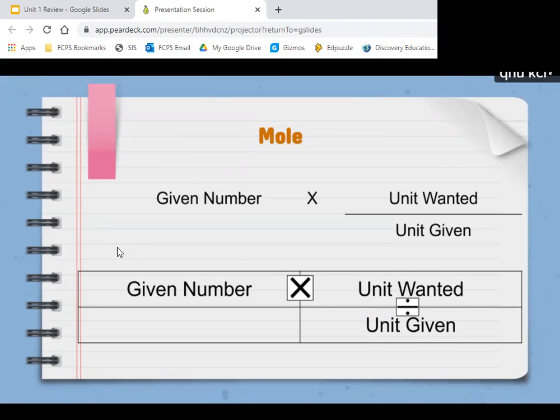The unit given, on the other hand, is the unit you want to get rid of. So if the question says, change from grams to mole, then the mole, the unit you want, is going to be on top, and the unit on the bottom as a denominator should be grams, because you want to cancel them when you divide. Does that make sense?